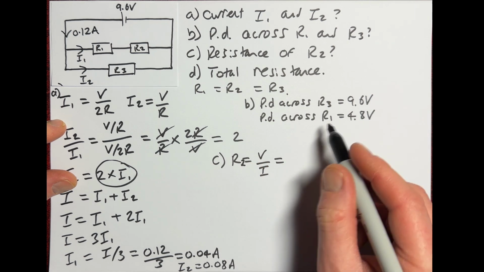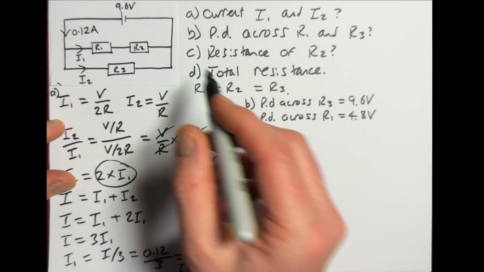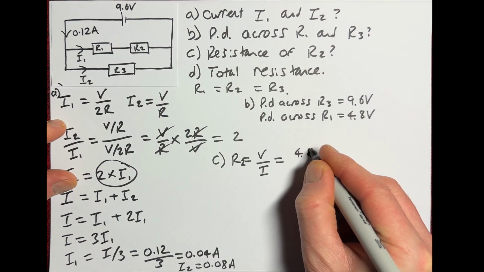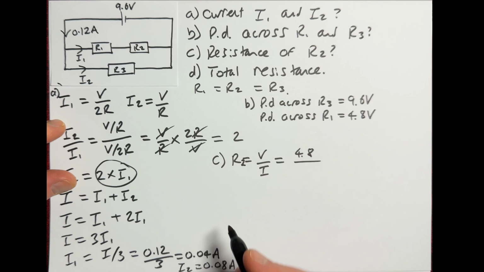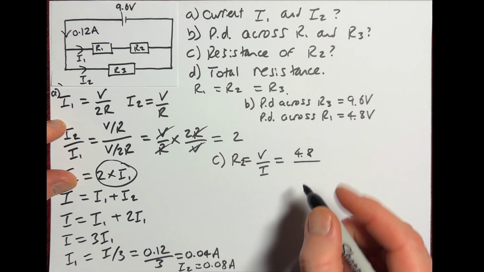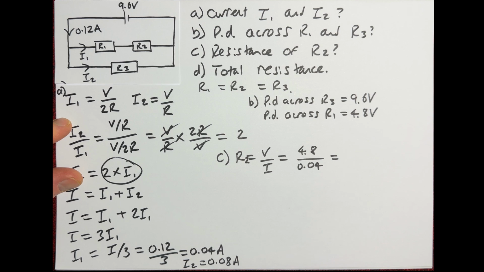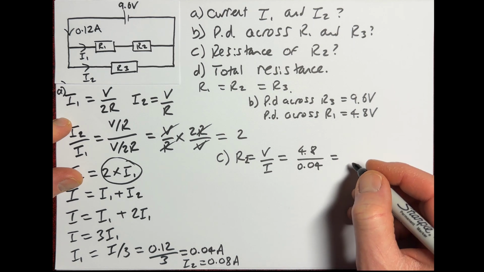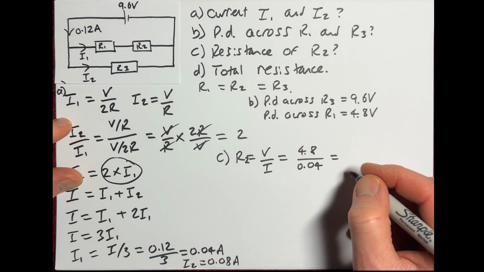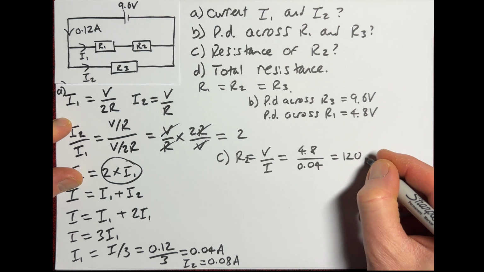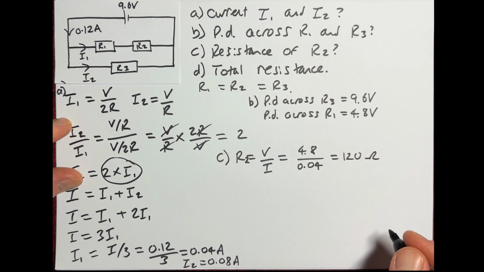We know that there's going to be 4.8 volts across here, and we know that the current through this section is I1, which is 0.04. Okay. And if we do 4.8 divided by 0.04, that is going to equal 120 ohms. Okay, so now we've got the resistance of R2.